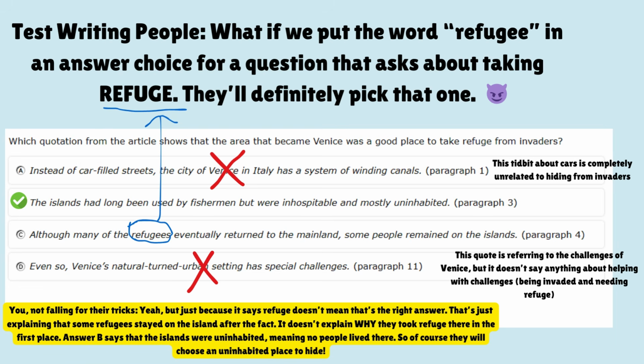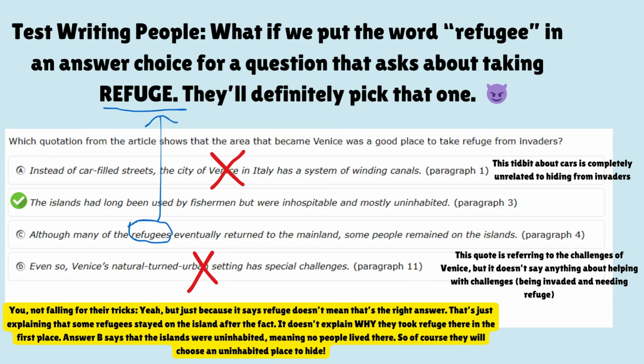Okay, so we're left with two answer choices, and answer choice C is looking really good because it uses the word refugees, and the question is asking about taking refuge, so many students will see that and pick it, and that's what they want. That's how they get you. So let's look at C. Although many of the refugees eventually returned to the mainland, some people remained on the islands. Okay, but you're not falling for their tricks.